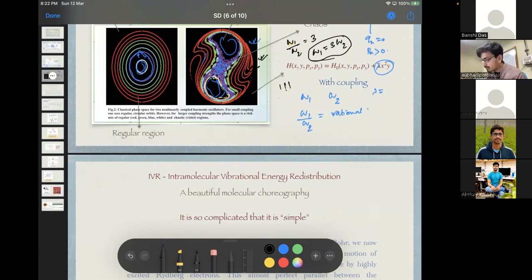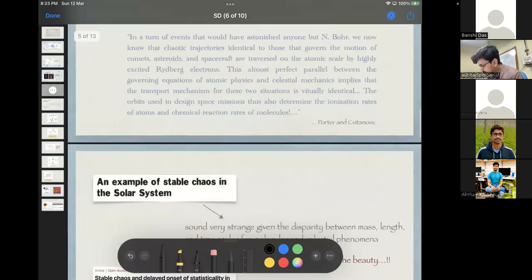These structures can block quantum trajectories also. Obviously, there will be tunneling, but that is the overall sense.